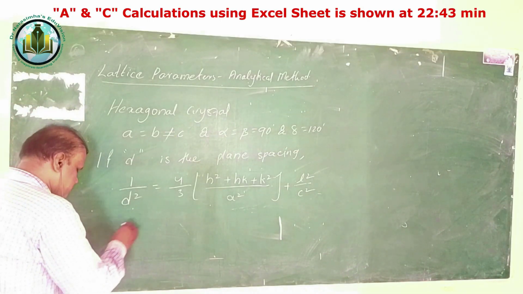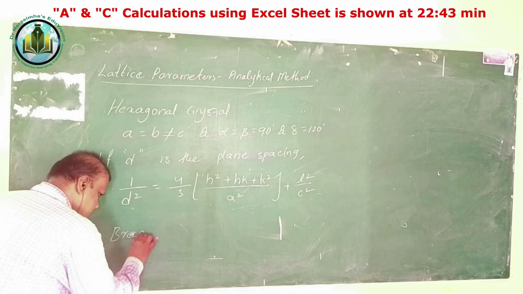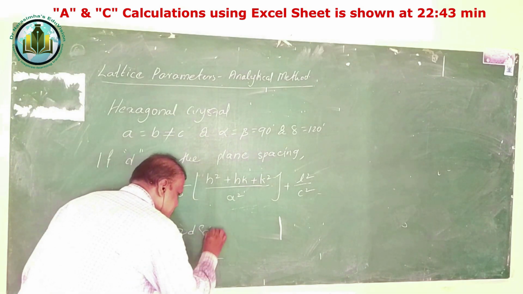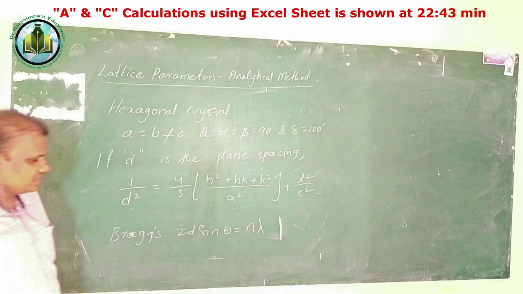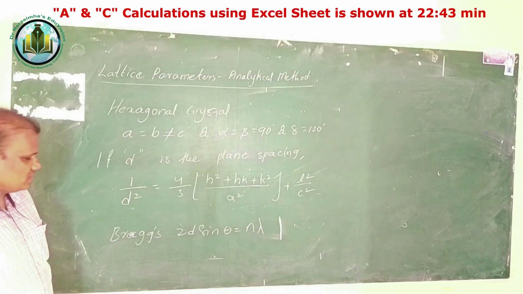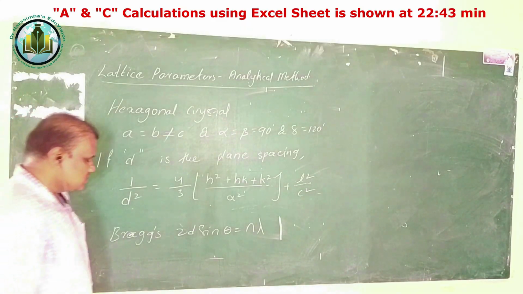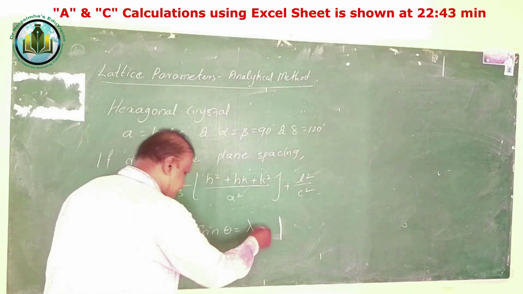Here I am going to make use of Bragg's law. 2d sin theta equals n lambda. The diffracted X-rays should follow this Bragg's law, then only will they give the diffraction pattern. Here I am going to take n equal to 1, that means a first order spectrum.